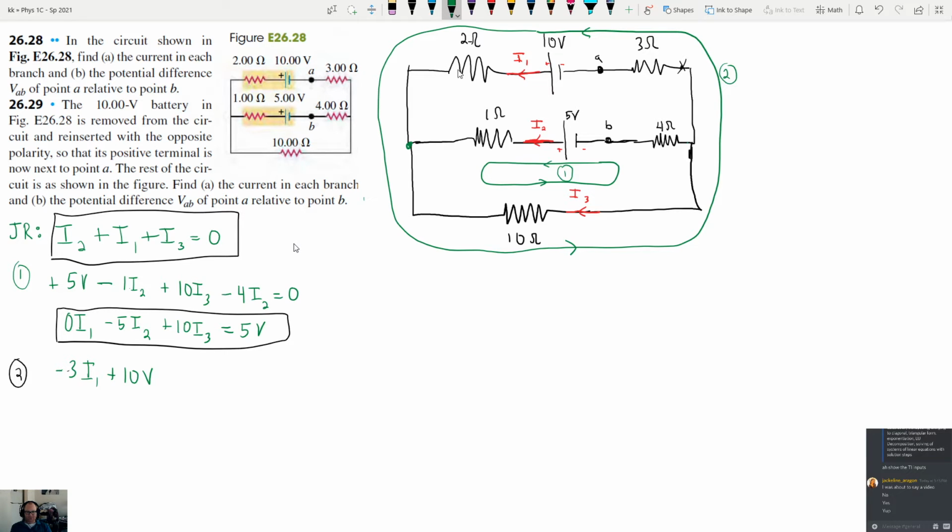Going the same direction, so negative 2 I1. And all the way back around here, and it'll be the same as the previous one. We're going against the current, so plus 10 I3. Adds to 0. Did those all look right?